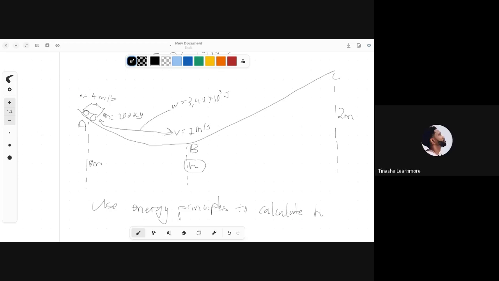Okay, so let me start. What answer did you get for the height? I got 2.35, I'm not sure. Okay, Petro, what did you get for the height? I think it's 12.35, but I'm not sure about it.